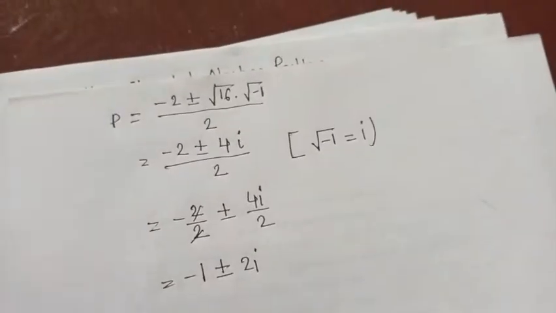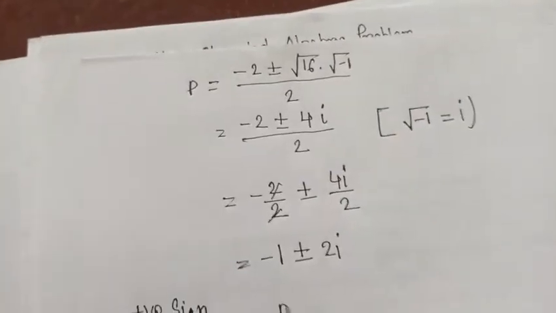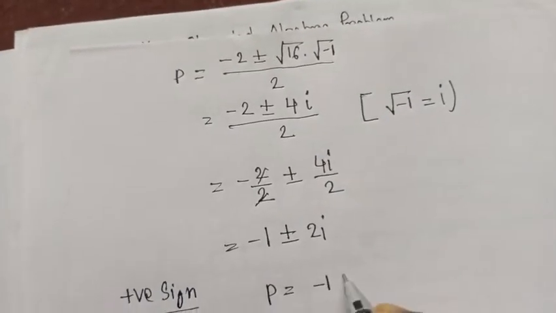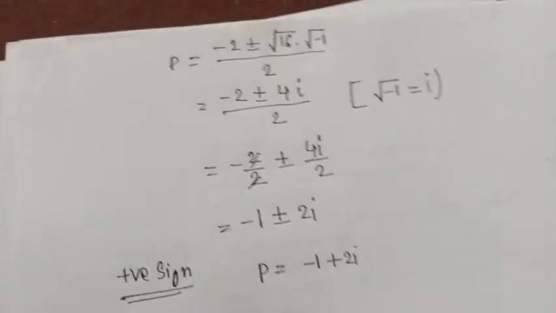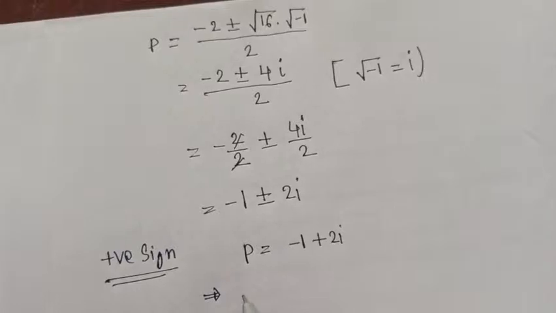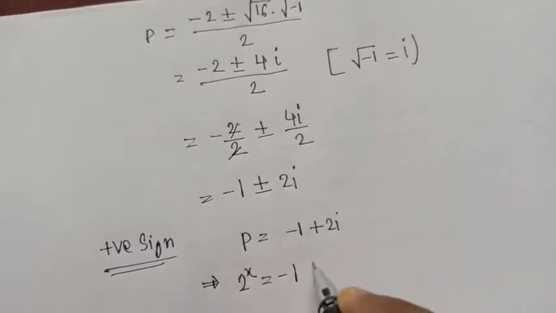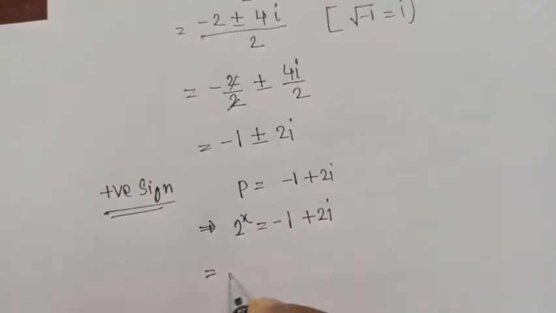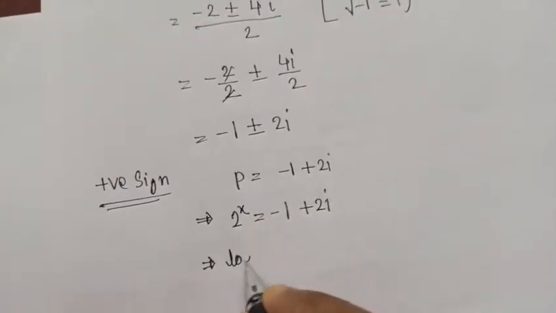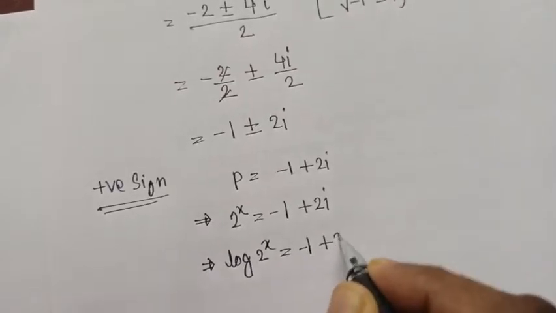If we consider the positive sign, then p equals minus 1 plus 2i. That is, we have already taken p as 2 to the power x, so 2 to the power x is equal to minus 1 plus 2i.